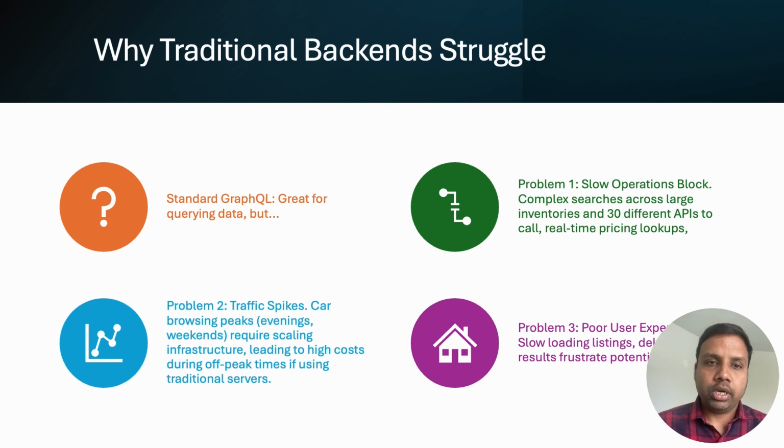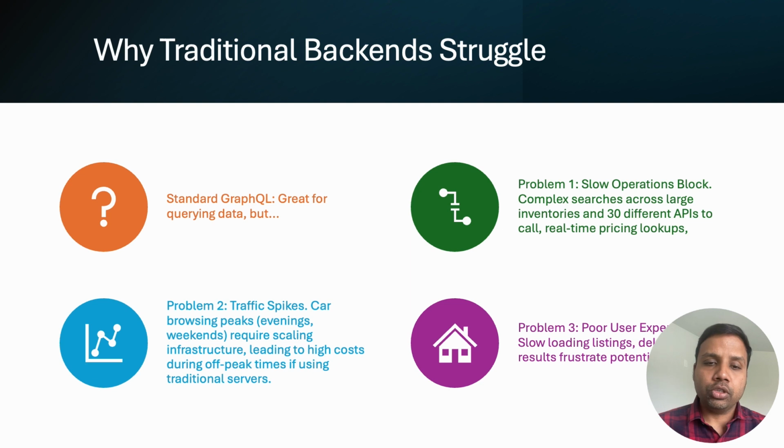To analyze more on the traditional backends and how they struggle, the first problem, as I said before, is slow operations block, where there are complex searches for large inventories.